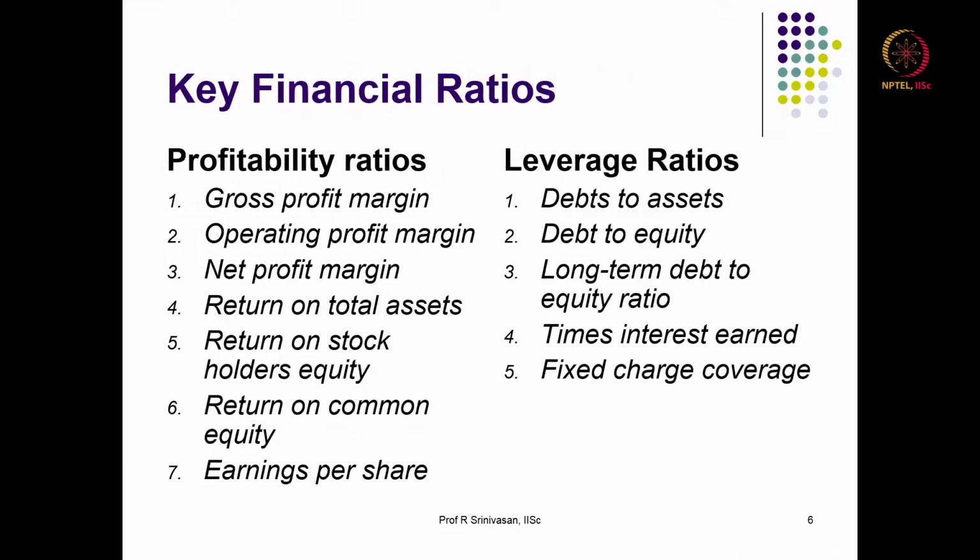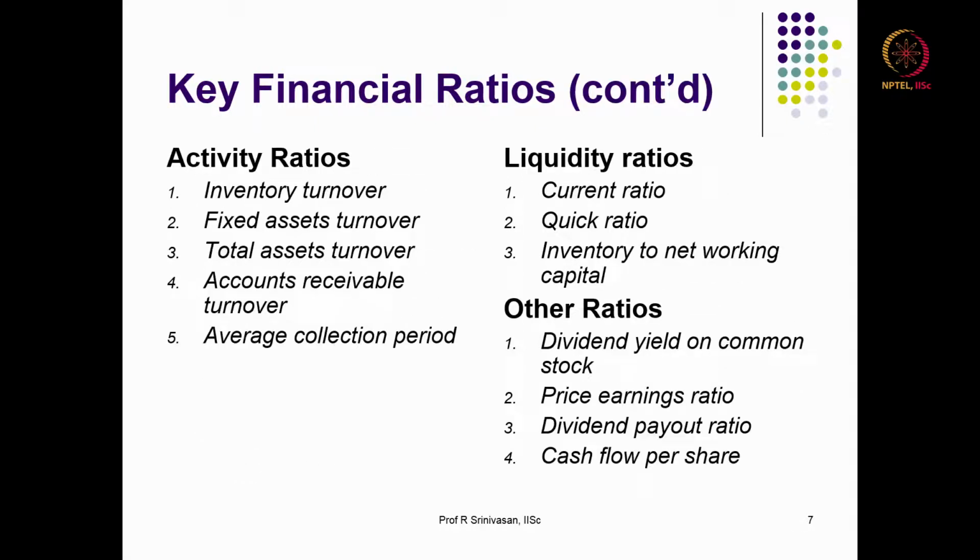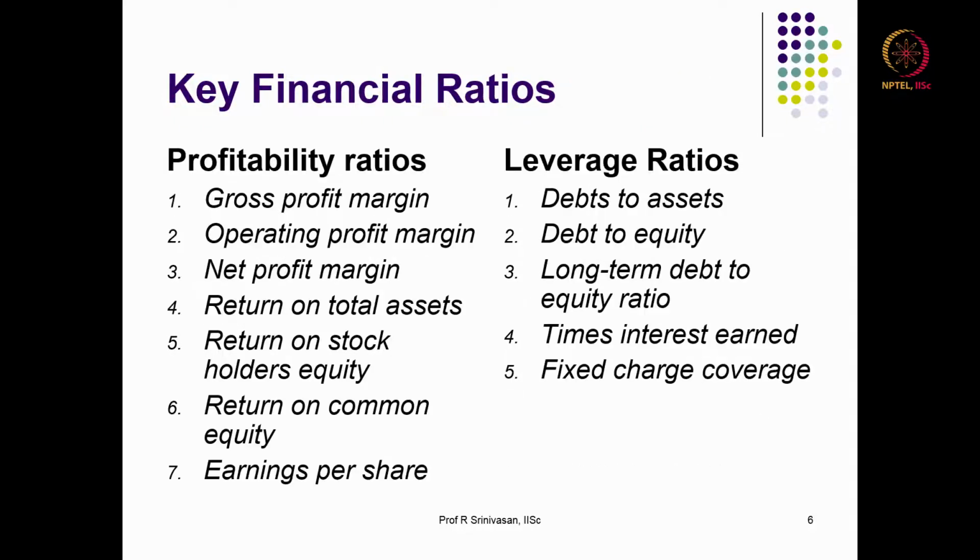Now, with all this, let us look at the type of ratios. I gave you in the last class the key financial ratios which you should calculate with respect to a company, under the heads of profitability, leverage, activity, liquidity and other ratios.